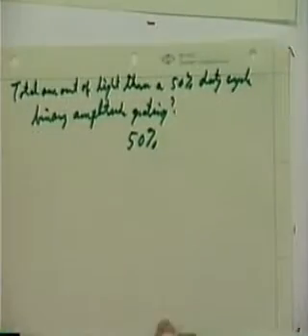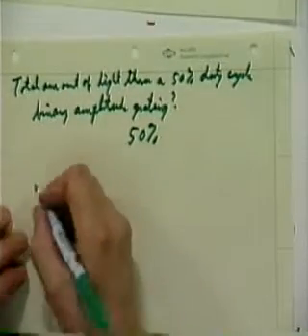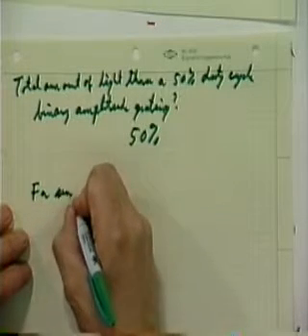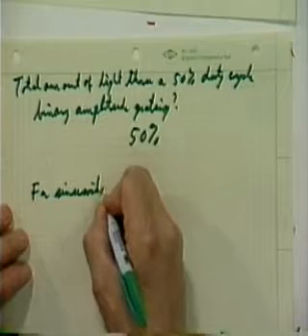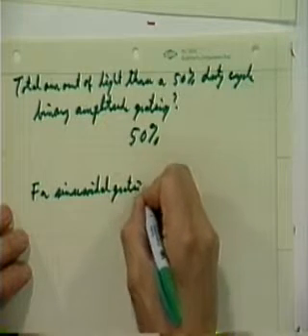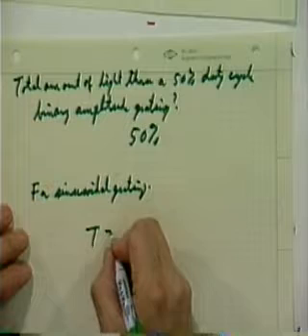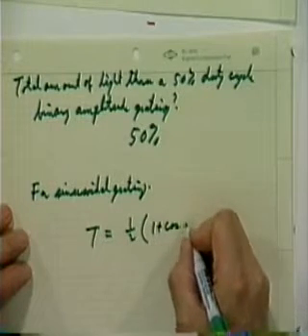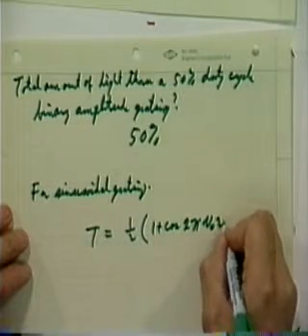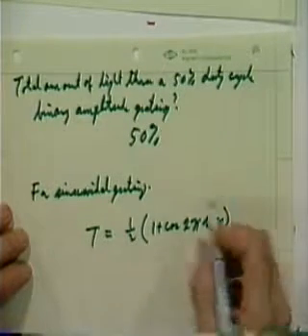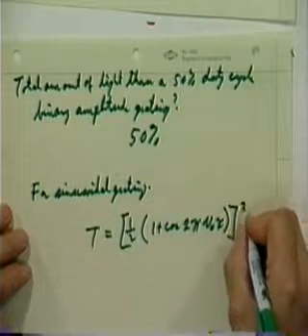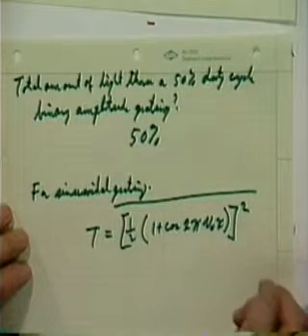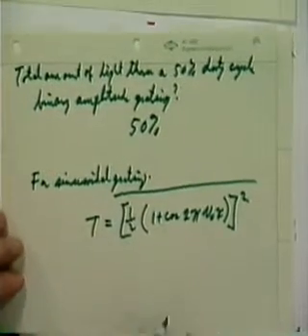So we get 50%. Now, for the sinusoidal grating, it's going to be more complicated. We're actually going to have to do some work. I don't know how much gets through, but it's 1/2 times 1 plus cosine 2 pi mu naught x. I'm going to square this. Now that depends as a function of position, so we average over x and see what that becomes.